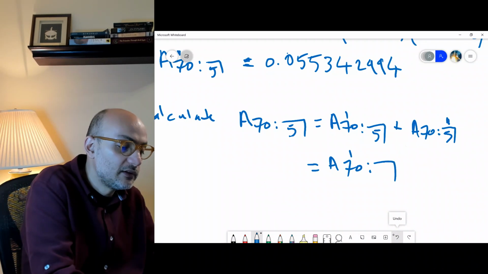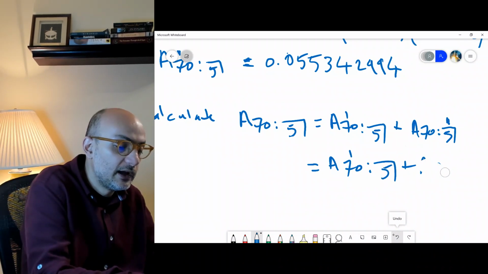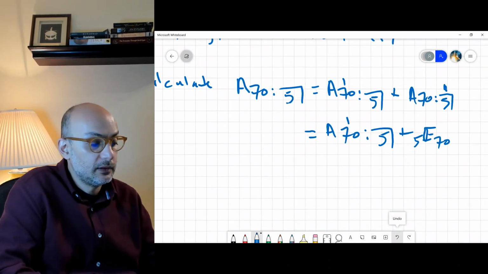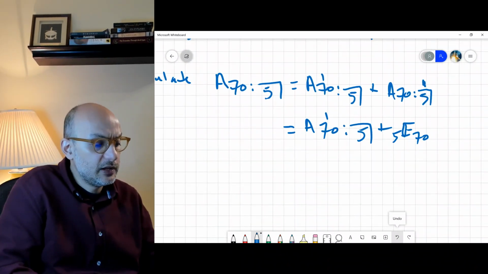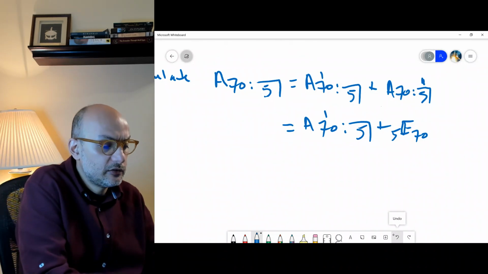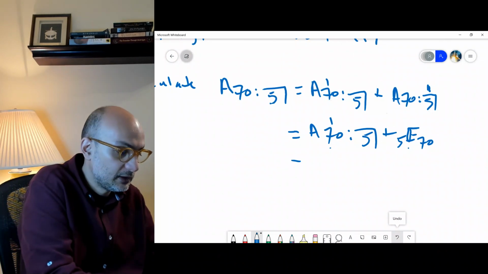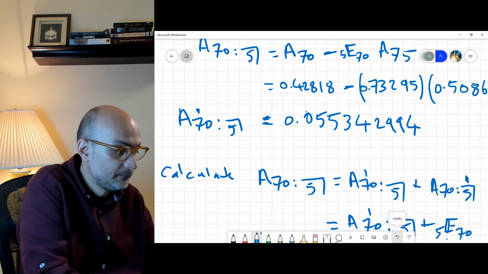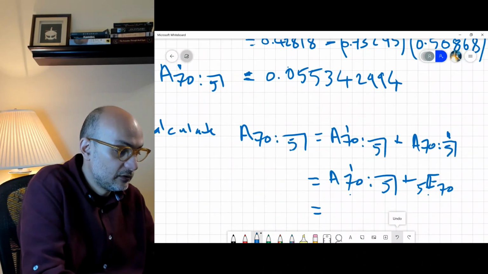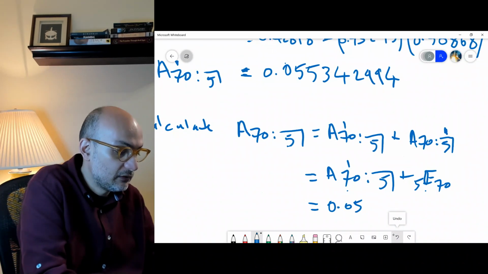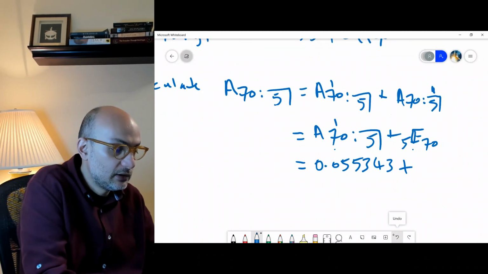We can recognize that this can be written as E, the actuarial discounting factor of $1 of 5 years, right? So this is straightforward. You can calculate this one, you already calculated it, and you can calculate this one, right? So this one, we already calculated it in the one before. This one is, we said, 0.55343. We add to it now the 5E70.